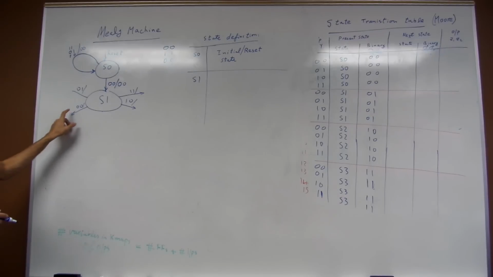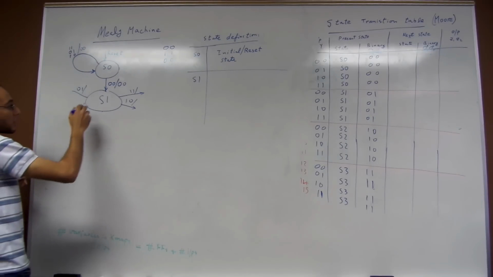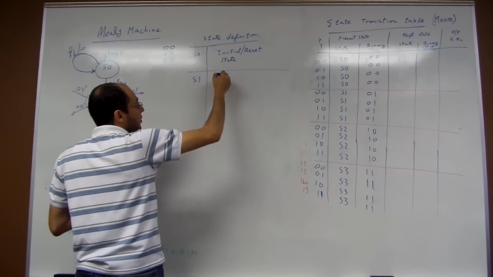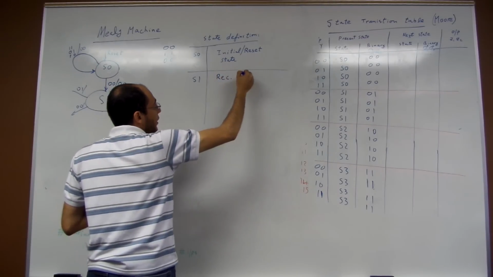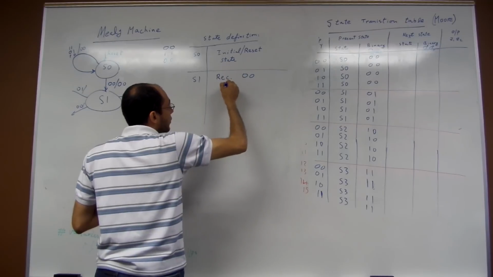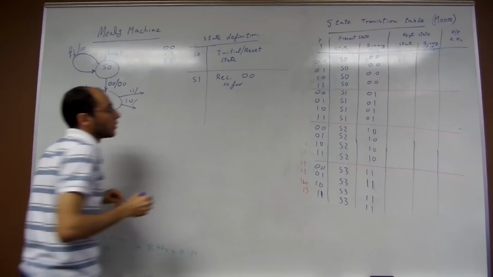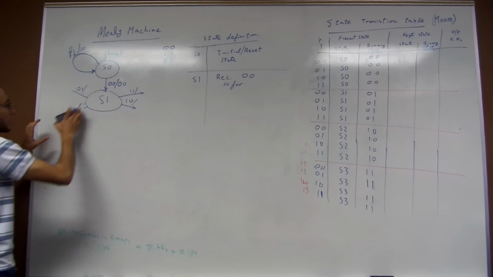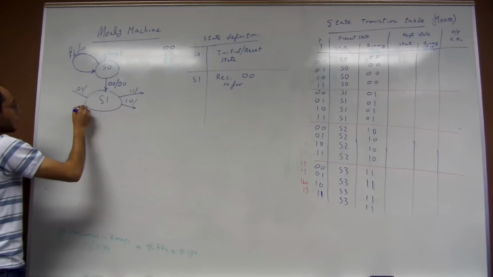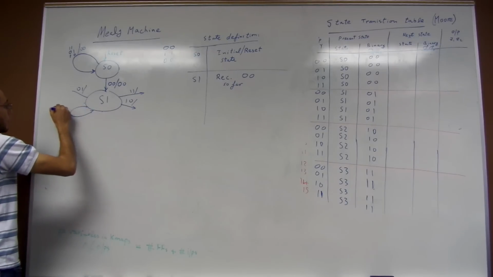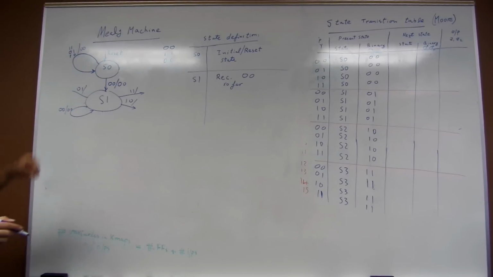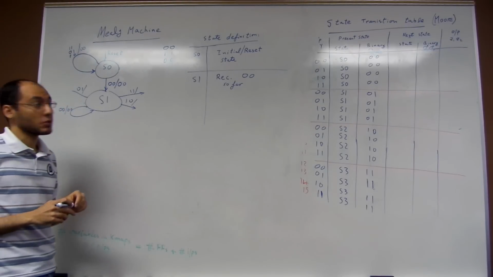Okay, when we receive an input of 0, 0, what do you expect? I expect to go back to the same state because previously S1 is defined as receiving an input of 0, 0 so far. Right? So, we're going to loop back to state S1 and output a 0, 0. Why a 0, 0? Because nothing needs to be outputted so far.